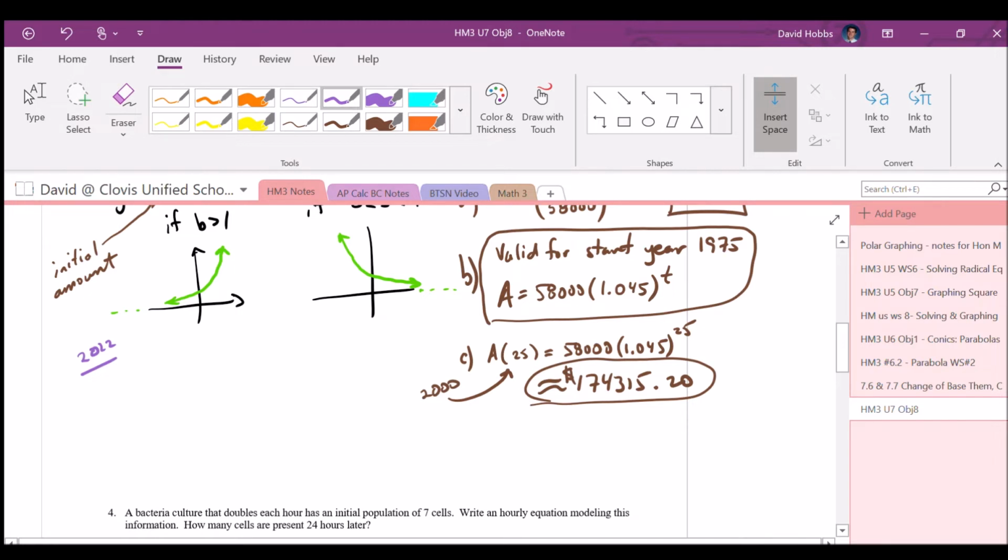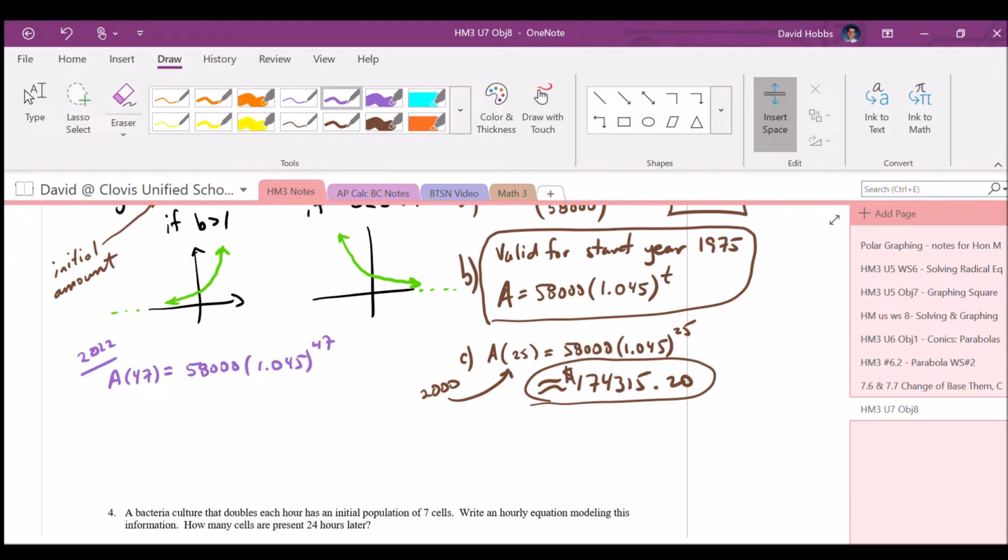Well, how does 2022 relate to 1975? It's 47 years later, isn't it? So we'd be doing A of 47. So 58,000 times 1.045 to the 47th.